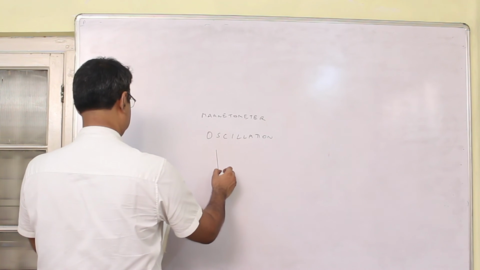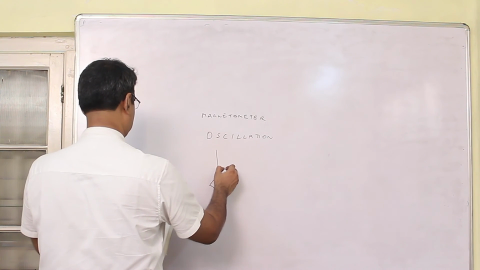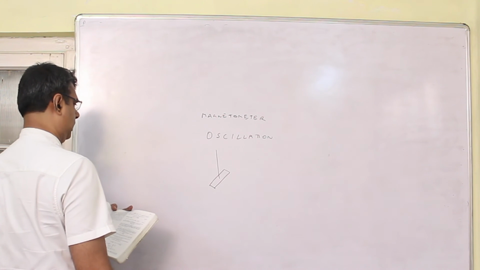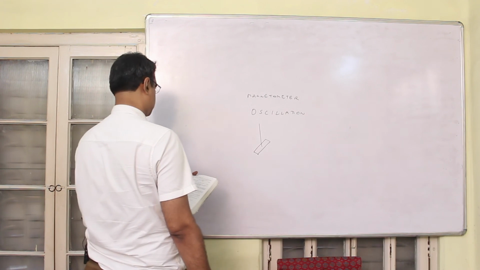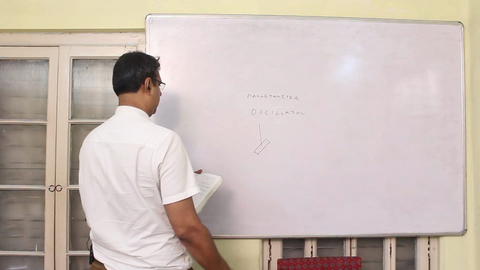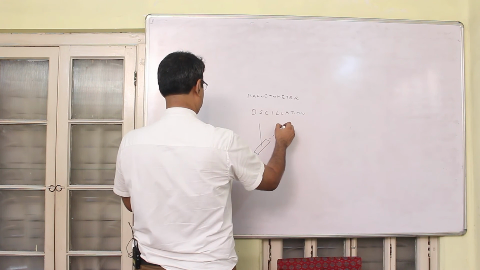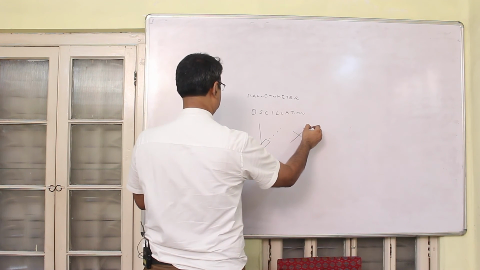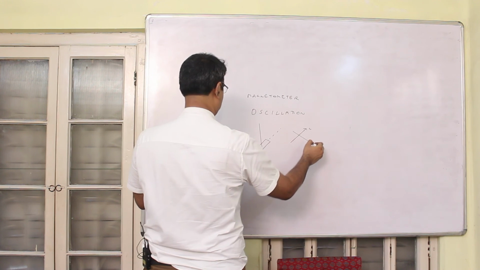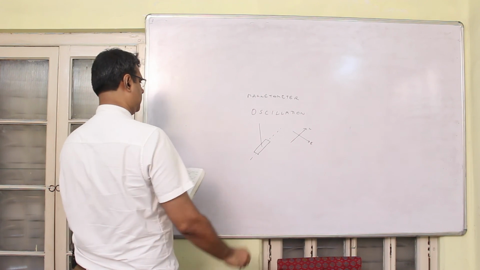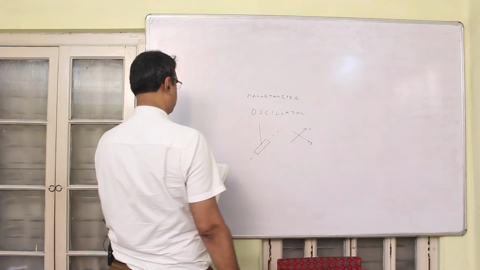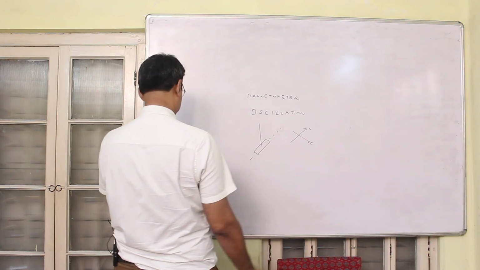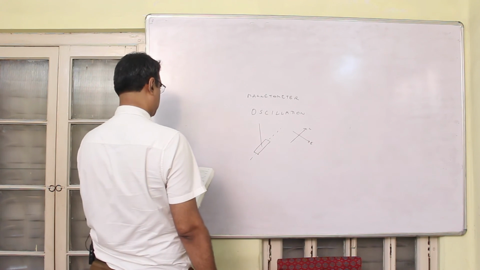What is done is that initially a magnet is suspended in such a way that the north pole of the magnet points towards the north.